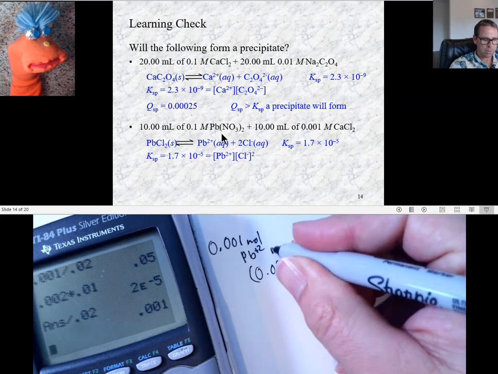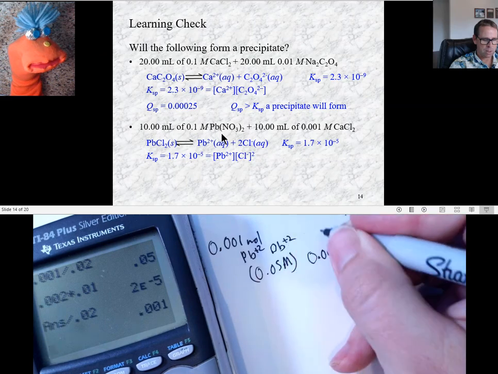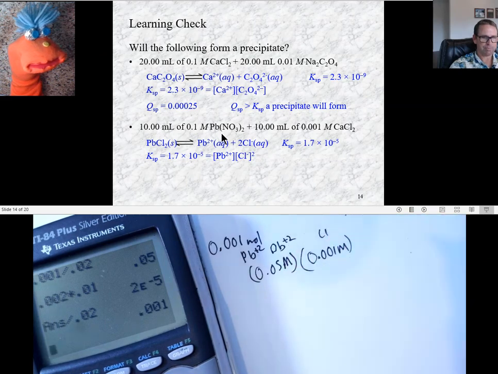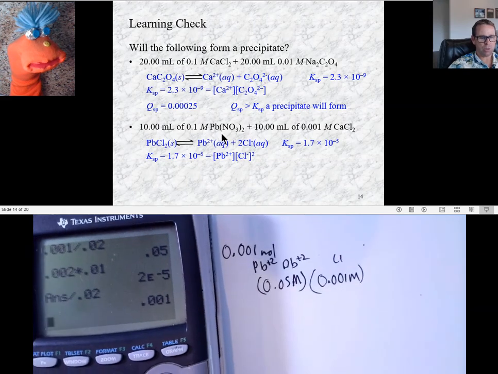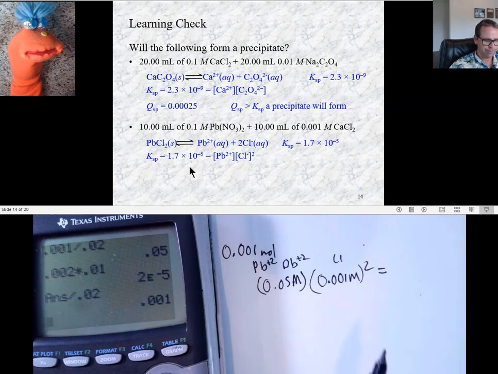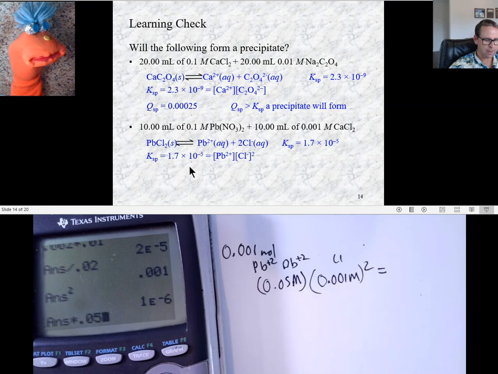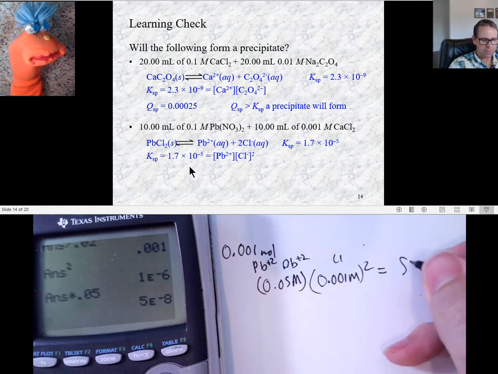And this is the molar concentration of the lead ion, and this is the molar concentration of the chloride ion. Now the concentration of the chloride ion needs to be squared, right? And I need to see what this Q equals. I don't know whether it's above or below the solubility product. But 0.001 squared times 0.05. So 5 times 10 to the minus 8.